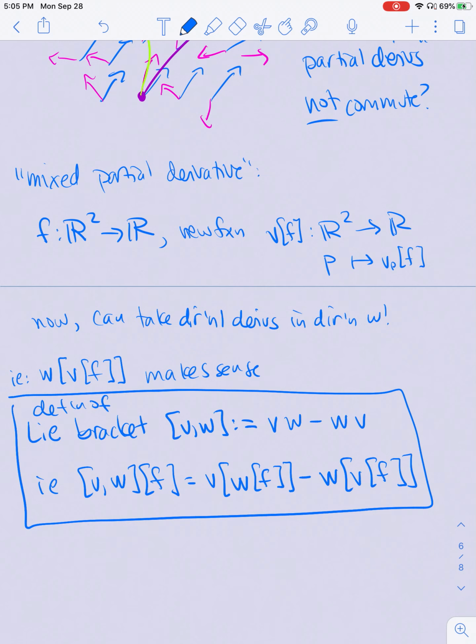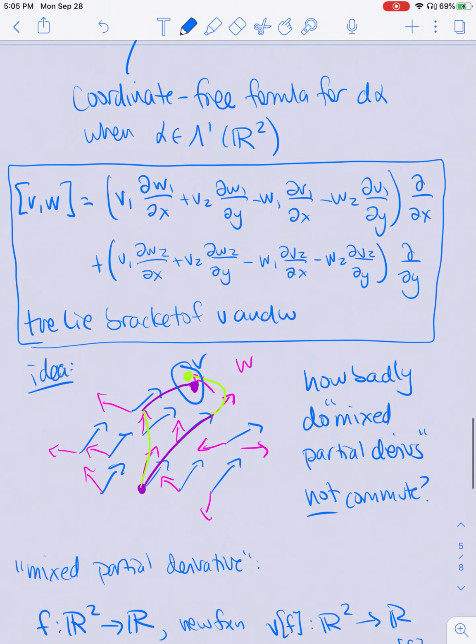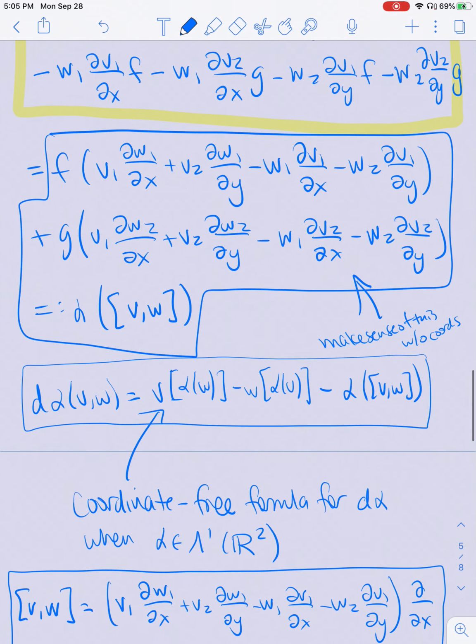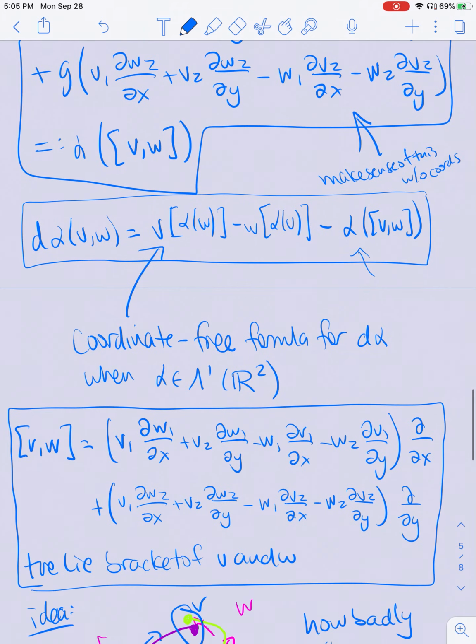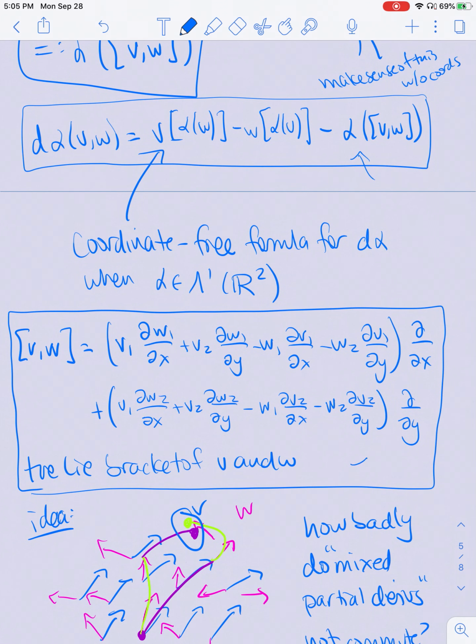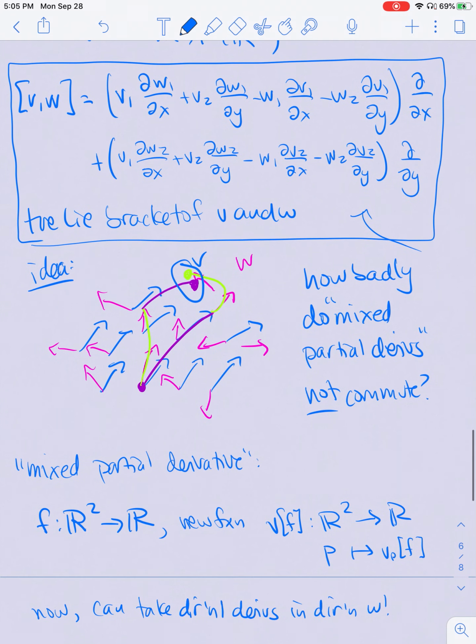So the final thing to do then to make sense of our coordinate-free formula for the derivative is to prove that this formula here is actually a coordinate formula for the Lie bracket.